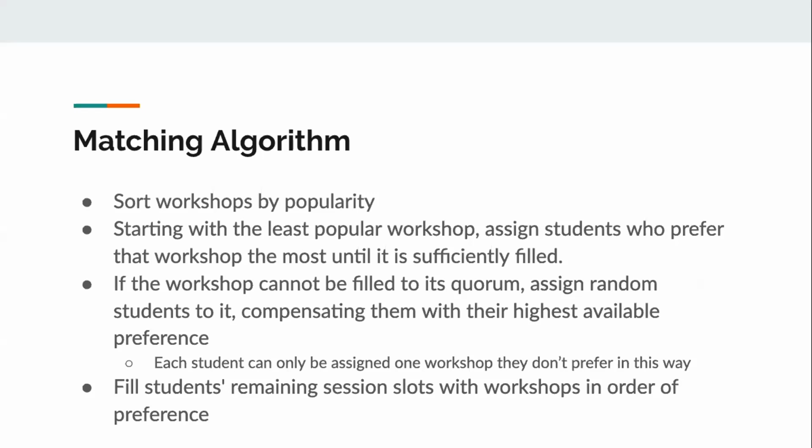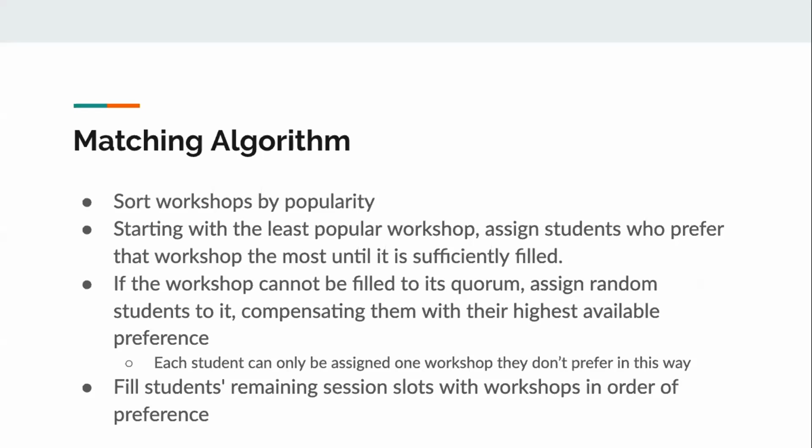Also important to note is that each student can only be assigned to one workshop in this way, where they are randomly selected. Partially because there are only 3 workshop slots, so a student couldn't be given 2 random workshops and 2 workshops as compensation. But we also want to ensure that students are getting as many workshops in their preferences as possible.